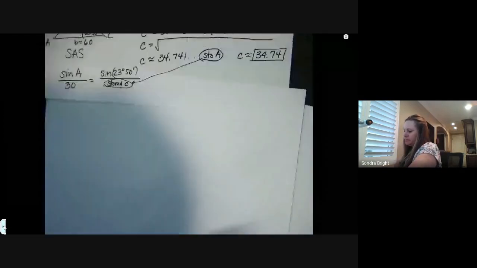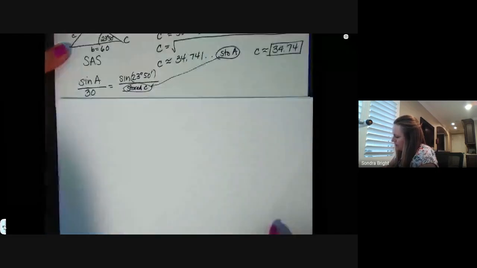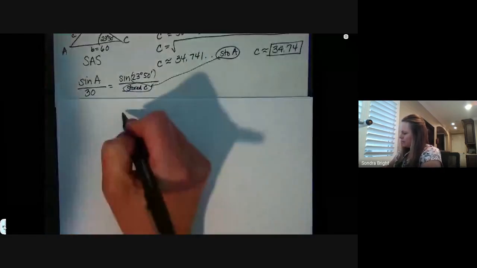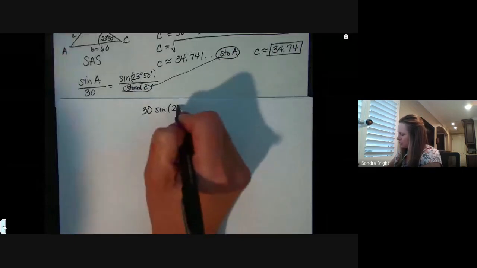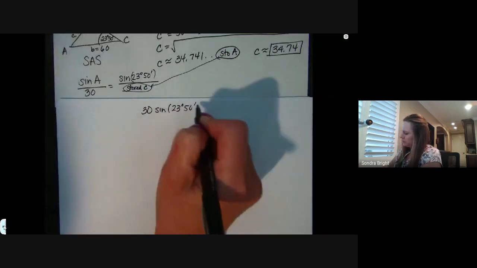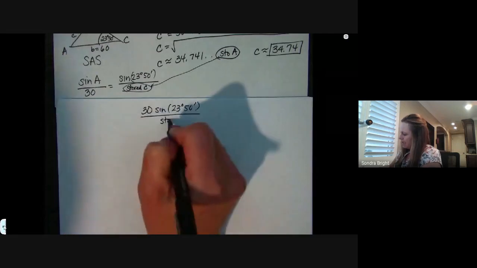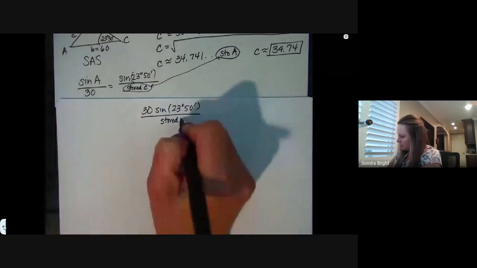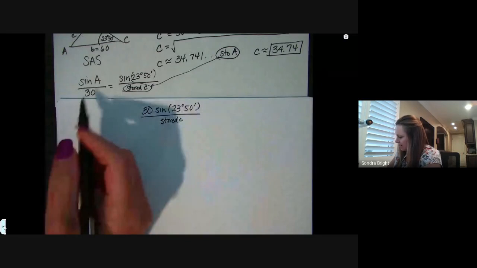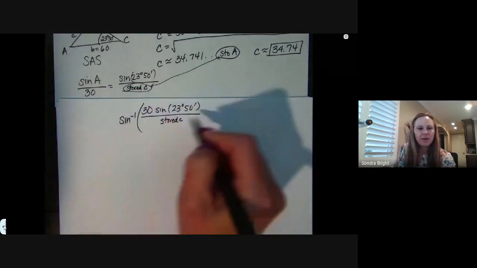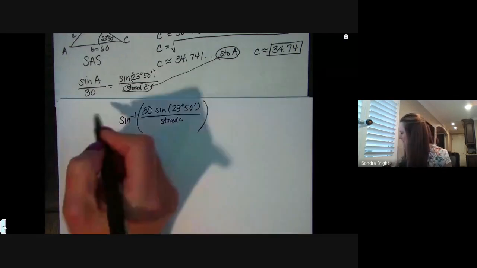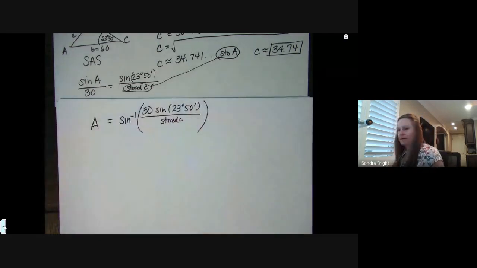All right. Multiply both sides by 30, and you'll have 30 times sine of 23 degrees 50 minutes divided by that stored value for little c, right? And then to get A, you would want to take the inverse sine of that whole thing, and that's what's going to give you angle A. All right, so let's put it in our calculator.